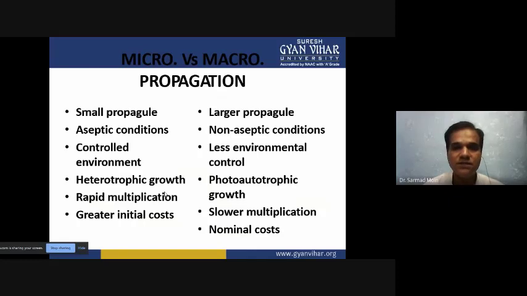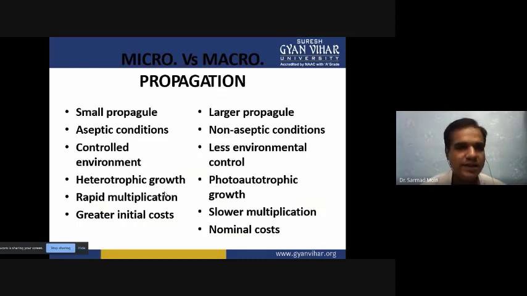If we take the explant in a larger proportion or larger piece, we call it macropropagation. In micropropagation, the condition should be very aseptic, whereas in macropropagation aseptic conditions are not compulsory, and non-aseptic conditions can also be used.